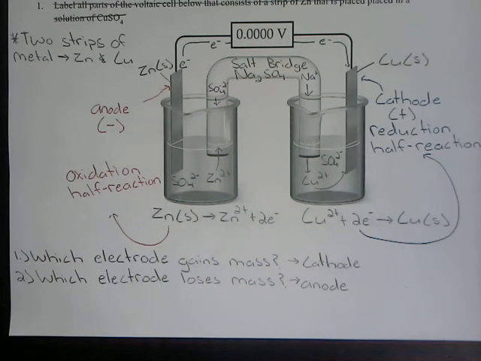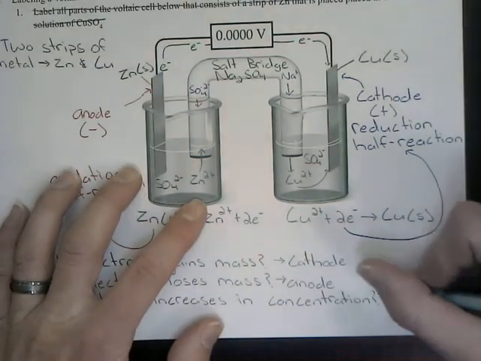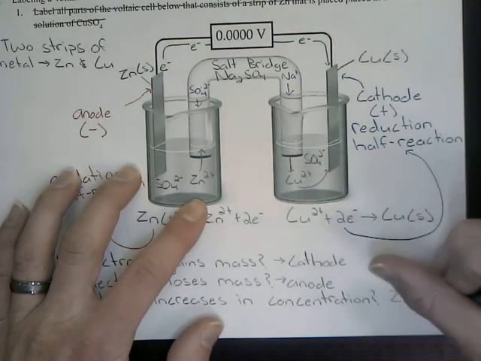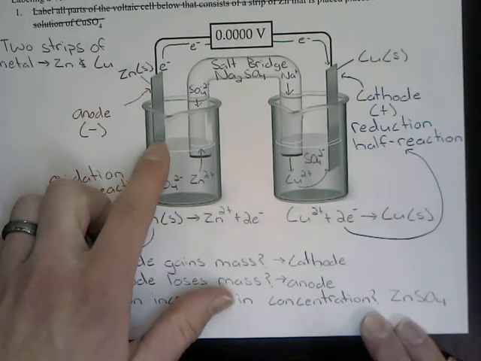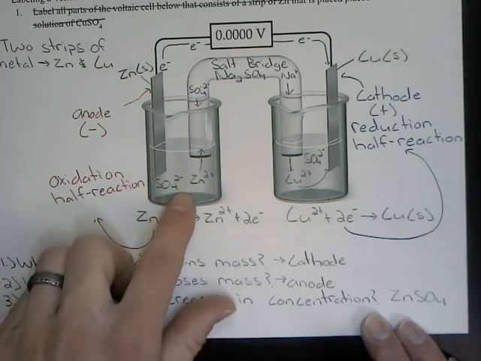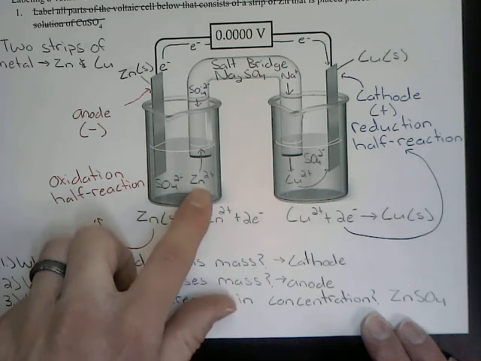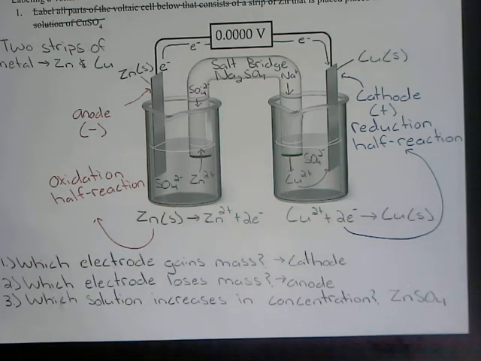Now, I want to ask two more questions here on our picture here. Number one, which solution will increase in concentration? And the answer to that there is the zinc sulfate, so ZnSO4. Reason for this is some of the zinc metal is being deposited into this solution here, which is meaning we have a greater and greater amount of zinc 2+ present, which means that increases in concentration.